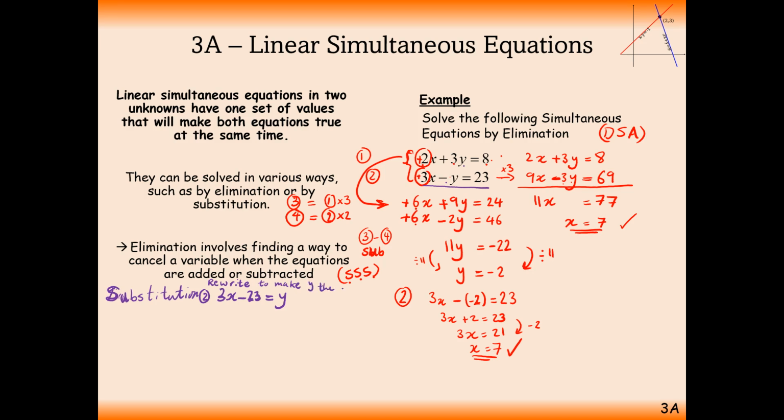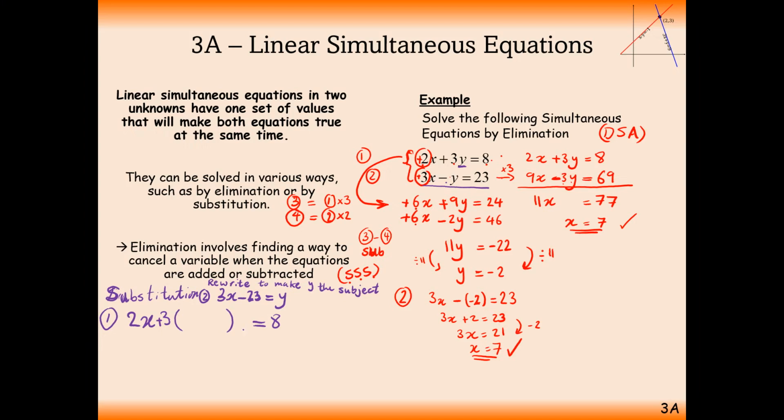Then step 2 is to take the other equation, which in our case is equation 1, and replace y. There's 2x plus 3 times y. Now I'm going to open a bracket, and I'm not going to write this y here. I'm going to just leave a gap and then write equals 8, because that's equation 1.